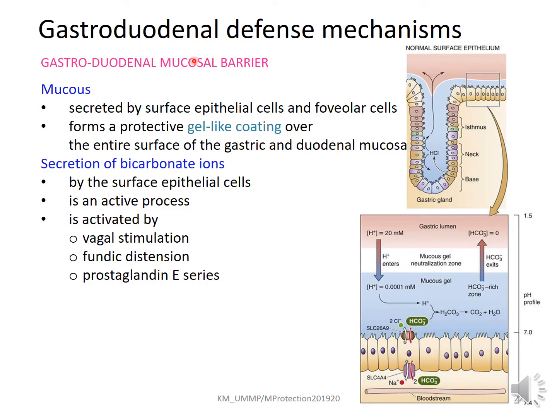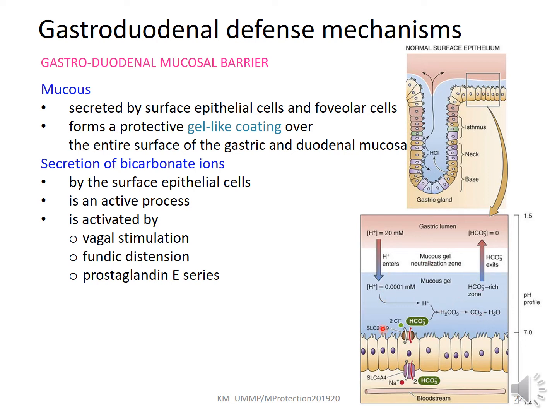The gastroduodenal defense mechanism is set up by the gastroduodenal mucosal barrier. The surface mucus cells secrete mucus and bicarb. This mucus forms a protective gel-like layer over the entire surface. The inner layer is very thick, whereas the outer layer is a little bit thin, and in between, bicarb is trapped.